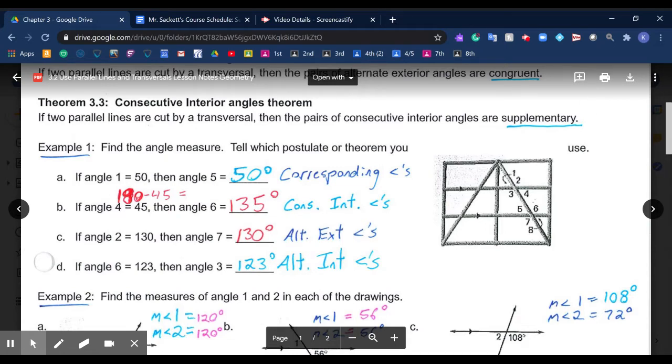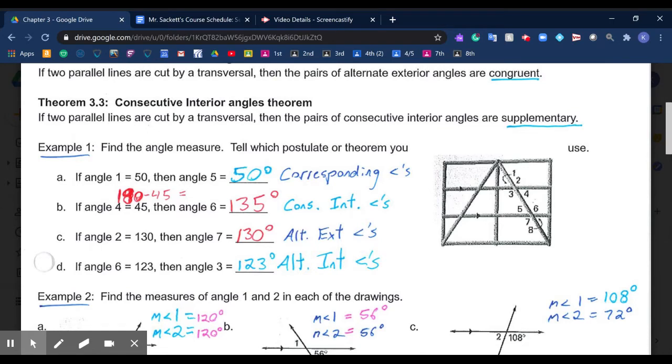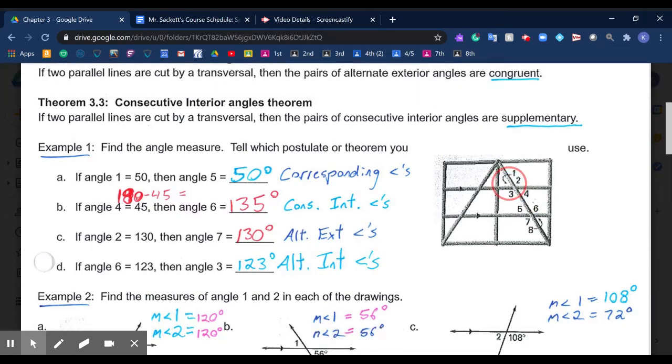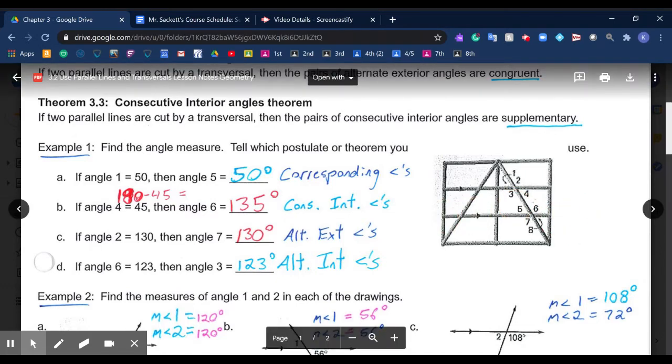So in part A, if angle 1 is 50 degrees, then angle 5 is also 50 degrees. We're using this transversal, and we see 1 is in the upper left of this intersection. 5 is in the upper left of this intersection. We know that these two lines here and here are parallel.